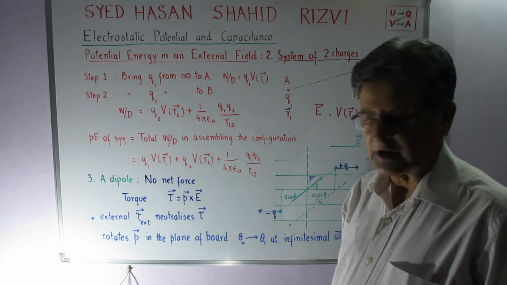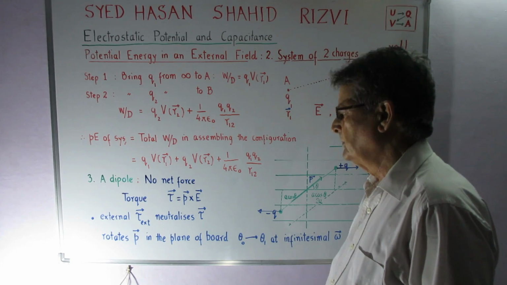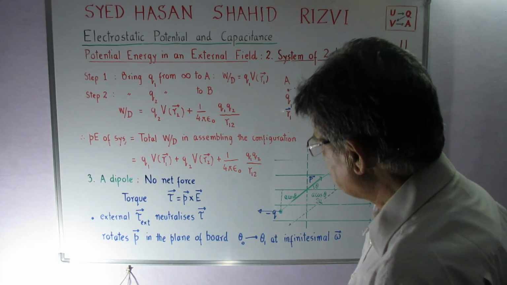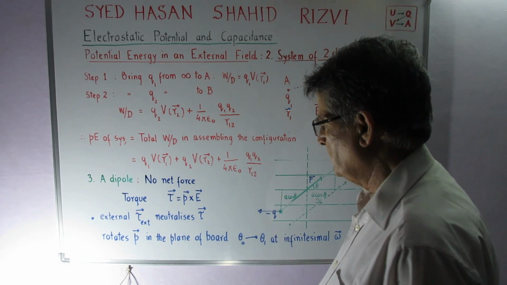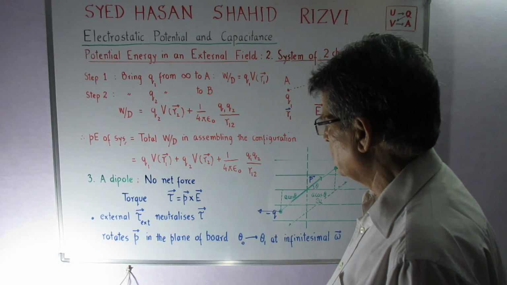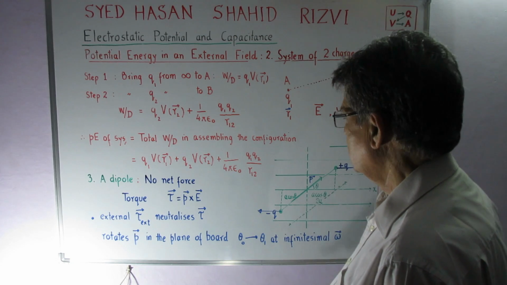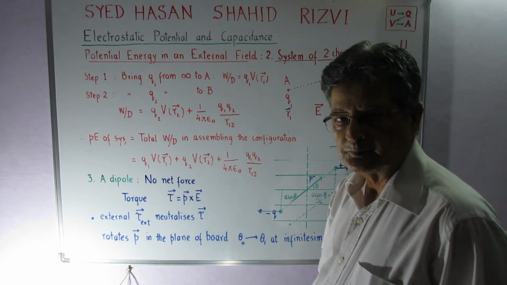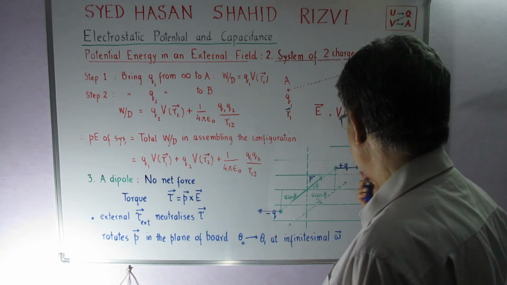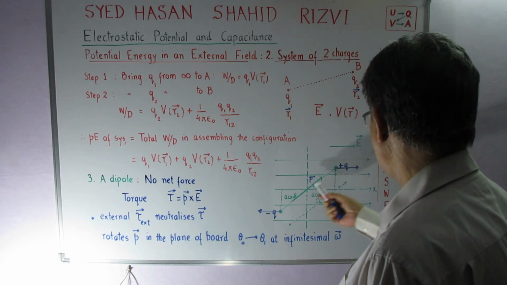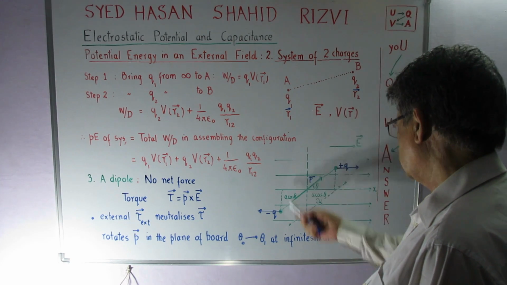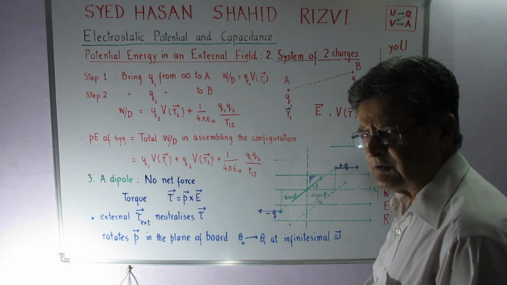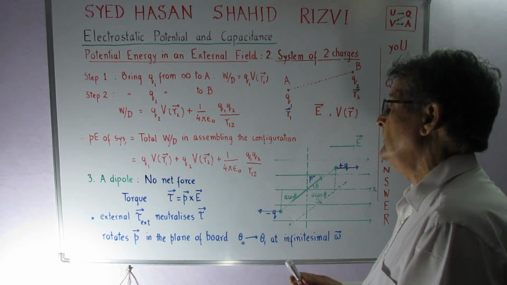That all depends upon what we want to calculate. So there is a torque. Tau is equal to vector P cross vector E. Vector P is the dipole moment vector, and the electric field which is present over here has been shown to be a parallel set of lines. So there is a uniformity, etc. We have made our life safer.